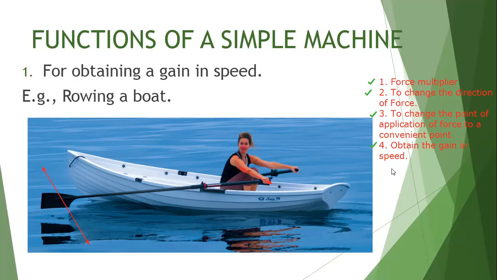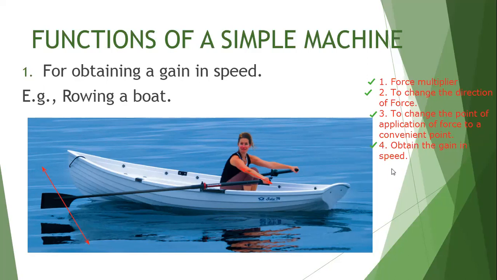But I cannot have a machine which works as a force multiplier and at the same time changes the direction of force, changes the point of application of force, and obtains the gain in speed. So all these four characteristics cannot be in a single machine simultaneously.